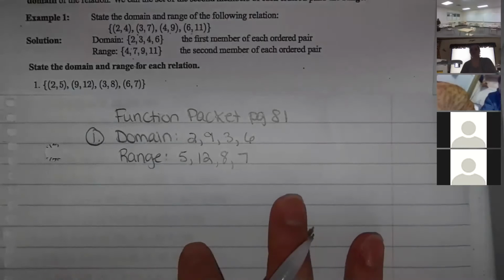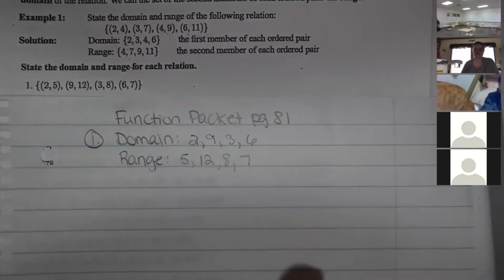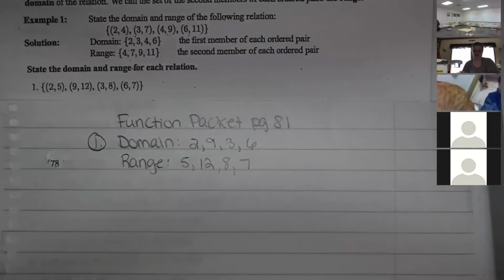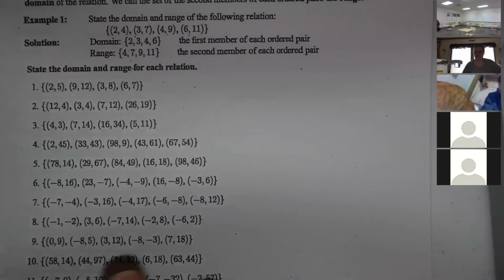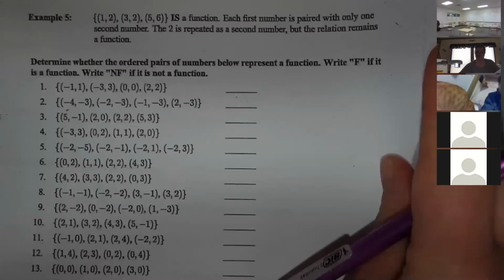So you're going to have that page 81, that first page, and I'll recap everything when we're done. Now I want you to turn to page 85 in that function packet, and I will put it up on your screen so you'll be able to see it.